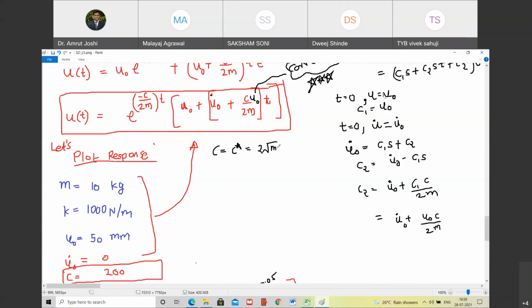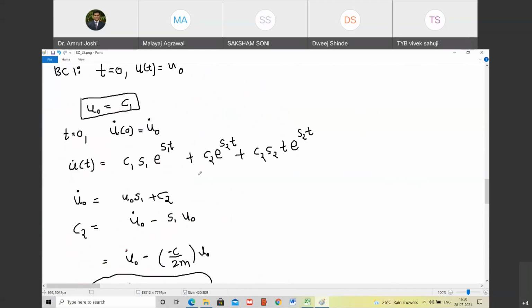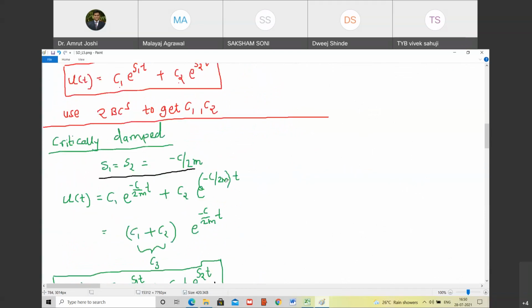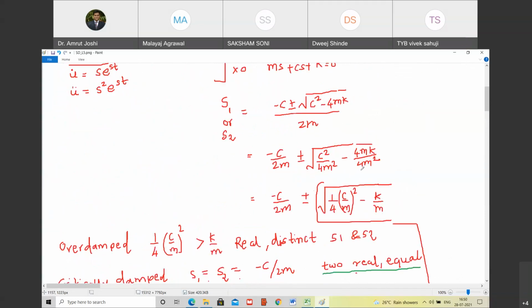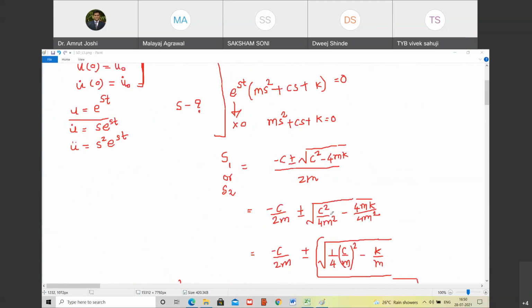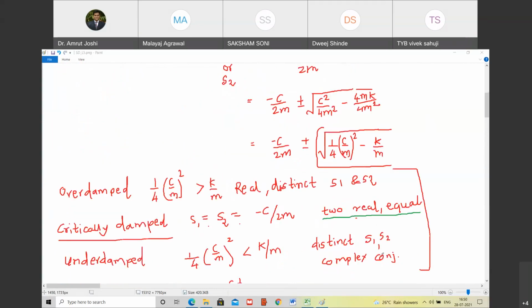How did I arrive at this? For a system to be critically damped, c square upon 4m square is equal to 4mk upon 4m square, or in other words, 1 upon 4 (c by m) squared minus k by m equal to 0. From that we have got the value of c star.